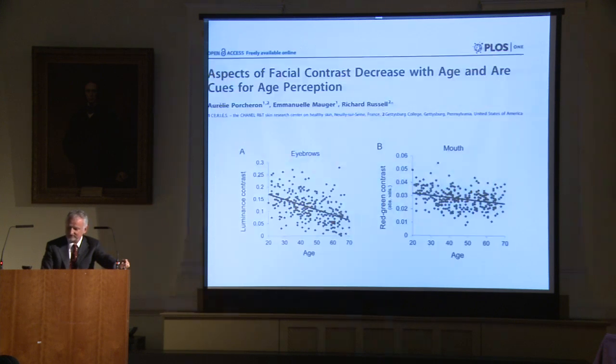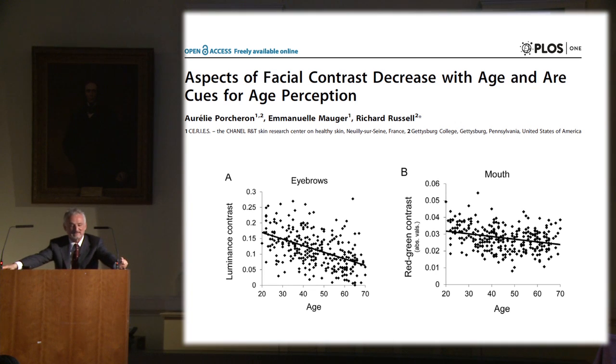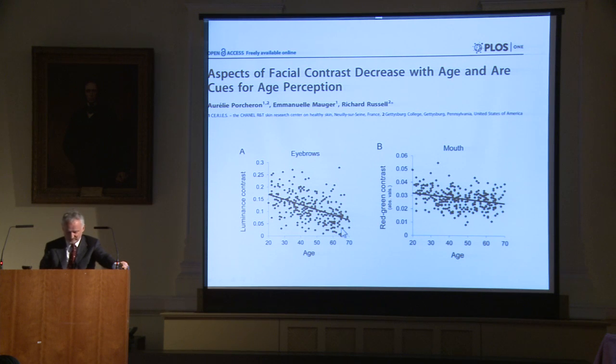By the way, those of you who are interested in that, Richard Russell really published a work on the facial contrasts, which diminish with age around mouth and surrounding skin, and eyebrows and surrounding skin.